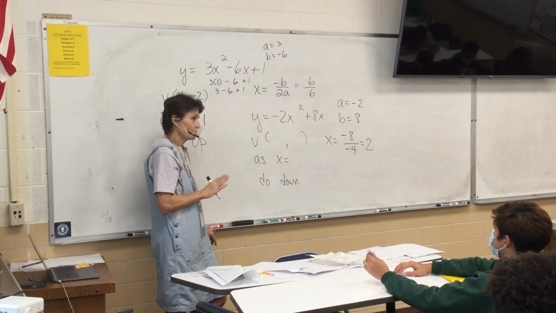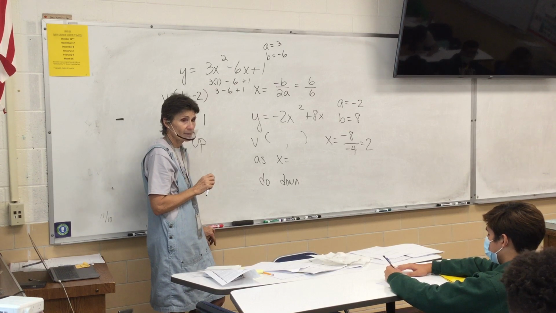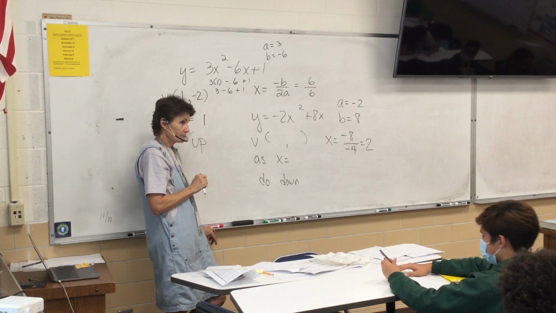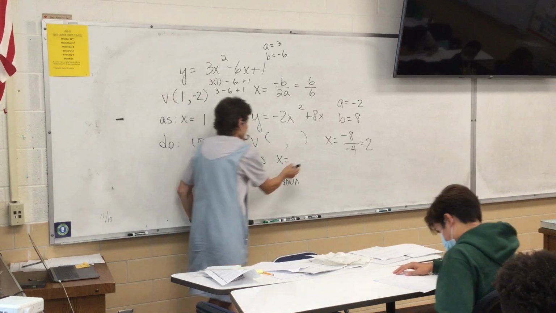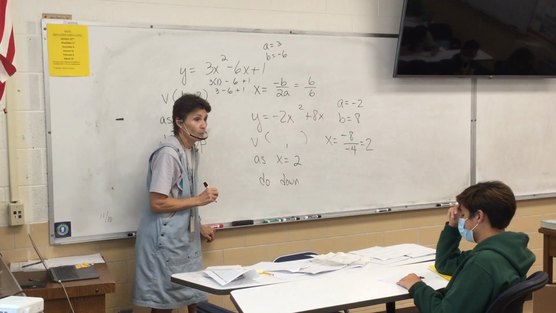All right, so let's make sure everybody got 2. Everybody have 2? Okay, that's my axis of symmetry. X equals 2. Now what?